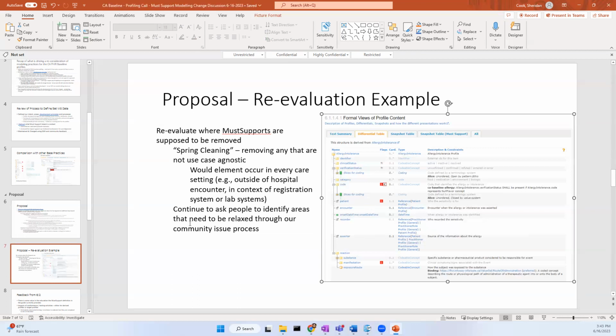Would the process that we defined earlier, where if it's in a jurisdictionally claimed guide and it's not present, do we think that would remove the must supports that we have currently in allergy intolerance? Would that be enough to get to the point where you could sense it was in the right place?